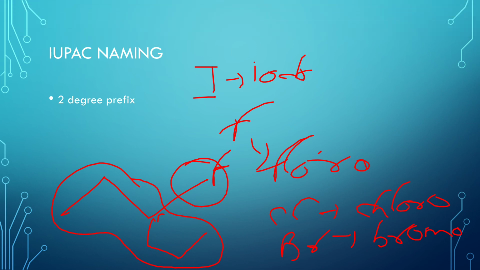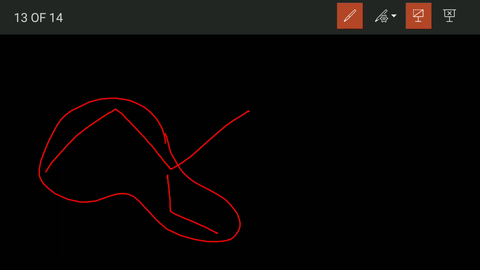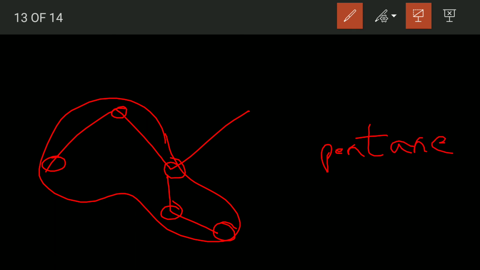And so let's name this compound. Now forget about the 2 degree prefix and now tell me how many carbons are there in the parent chain. We have 1, 2, 3, 4, 5. So pent. And what is the 1 degree suffix? Ane, it's an alkane, and 2 degree suffix is not present, and we have a locant here, right?